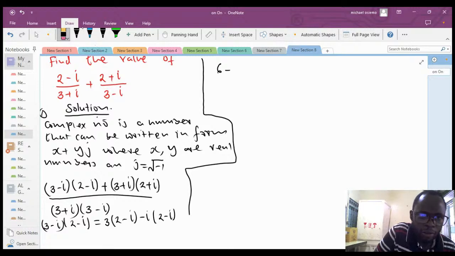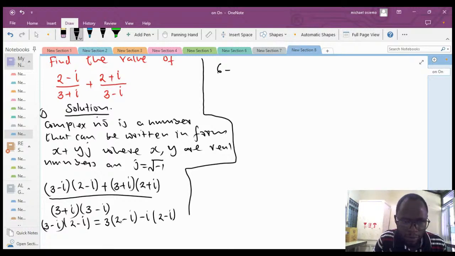So this one will become what? You have 3 times 2, which is 6. Then 3 times minus i becomes minus 3i. And then minus i times 2 becomes minus 2i. And you have minus i times minus i becoming plus i squared.